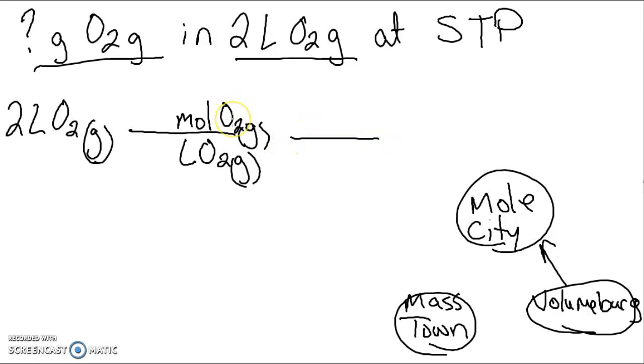Moles is not the thing we want to end up with. We want to travel around Mole City and then go to Masstown. So, to cancel out moles, we'll put those on the bottom, and we're going to have our grams on the top.